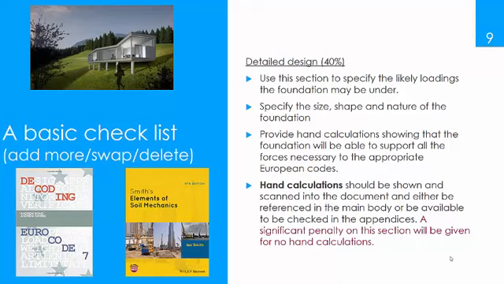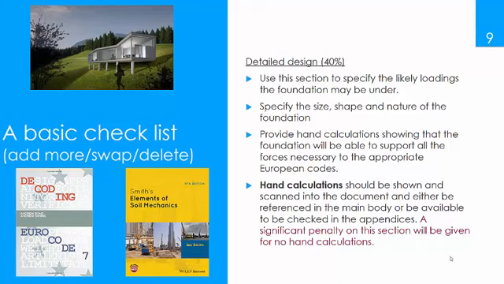If you ask me how I would calculate this family house, I would probably use Eurocode 7, and then I would search for design approaches and make a decision there.